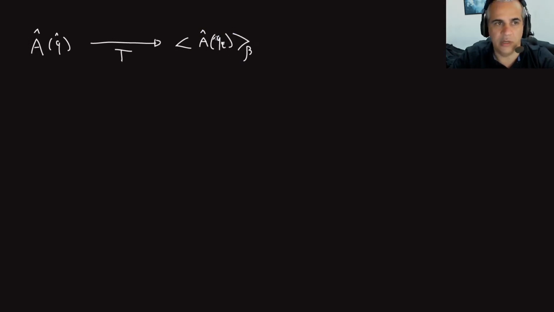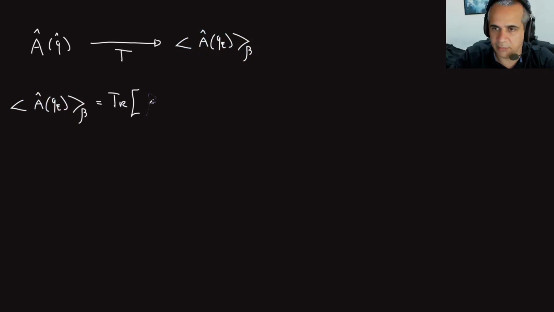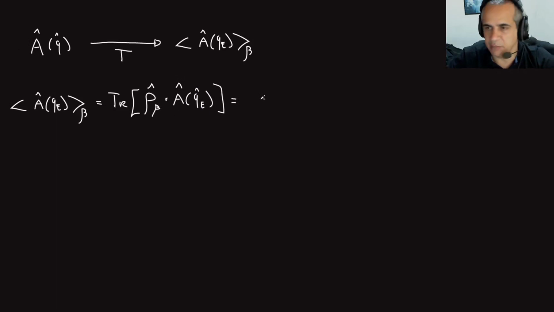I just have to calculate this at Euclidean time, the Euclidean space, and this is the trace of the density matrix times the operator, which then I can write this density matrix explicitly.